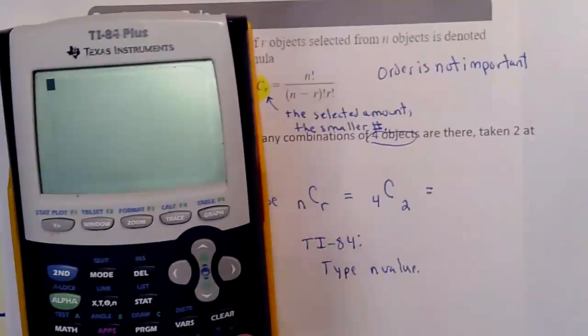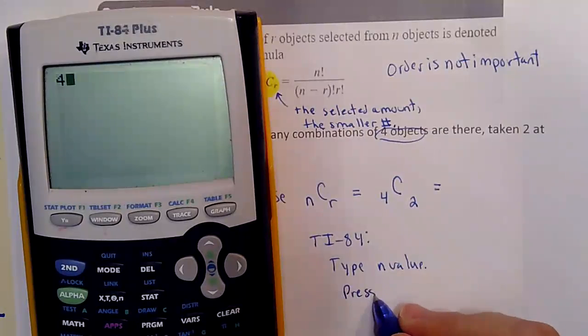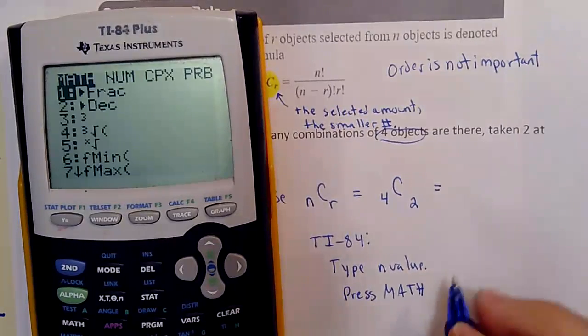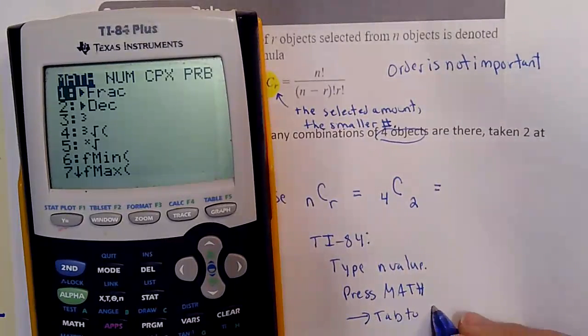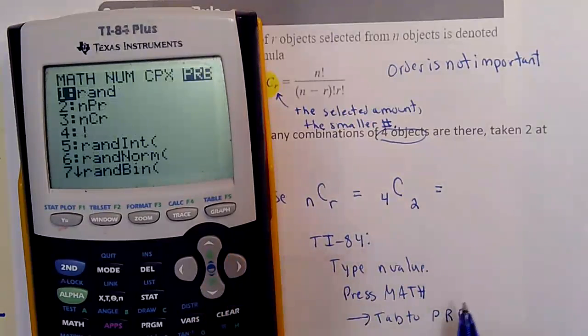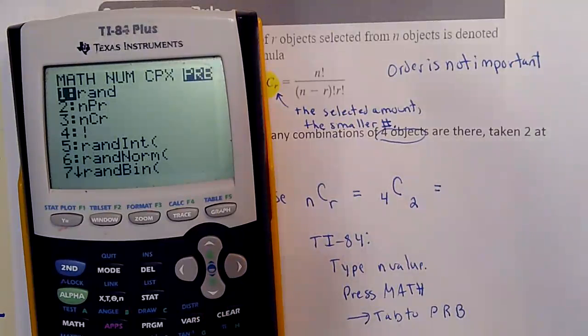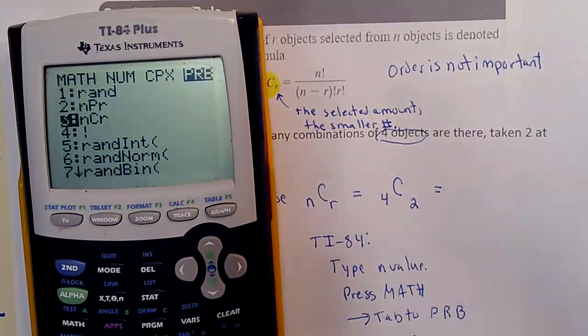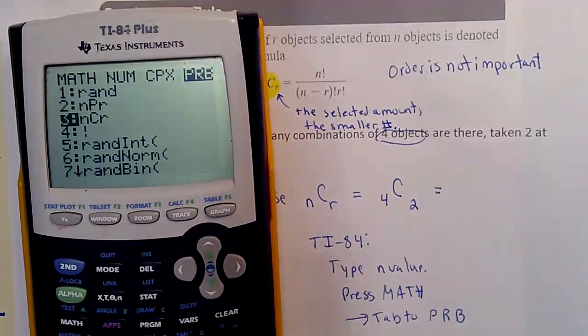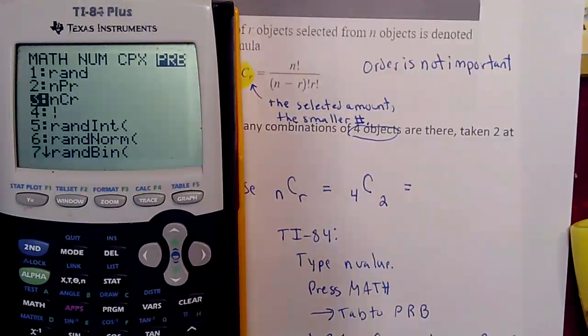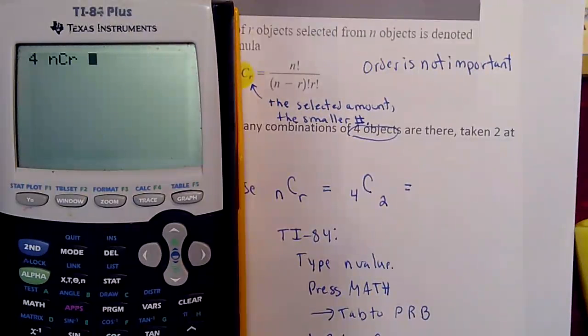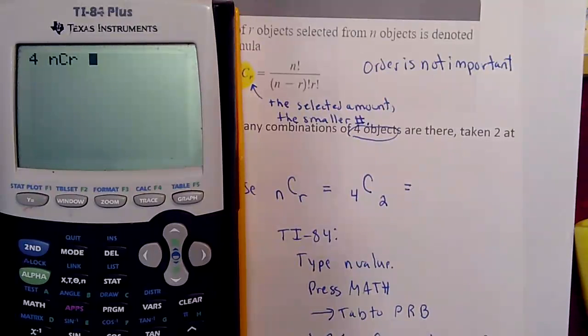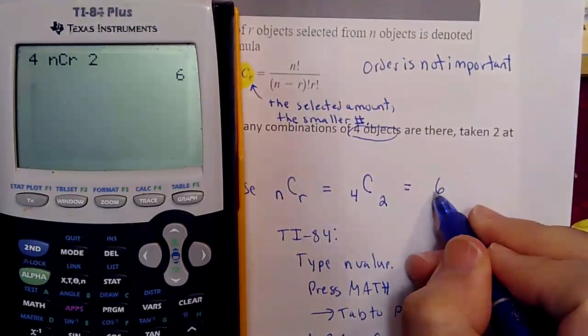Okay, so I'm going to type 4, and then you're going to press math, and then you're going to tab to probability, PRB, and then this time you want number 3, nCr. So you either scroll down to 3 and then hit enter, or you press the number 3, and then you want to type the r value, which for us is 2, and then you press enter, and that gives you 6. Okay.